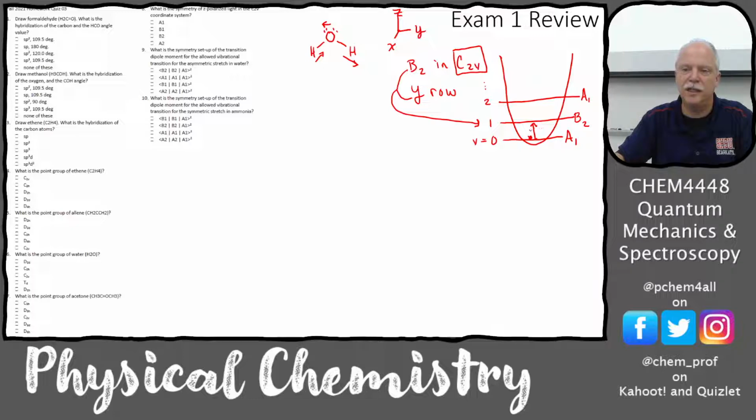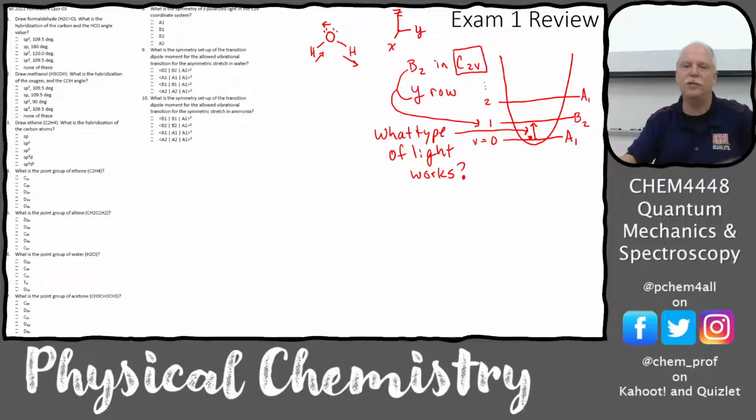And so we just need to know what polarization of light to use. So what type of light works to cause it to jump from 0 to 1? Okay, so we know that, let's say that the lower state here is A1, and we know that B2 is the upper state.